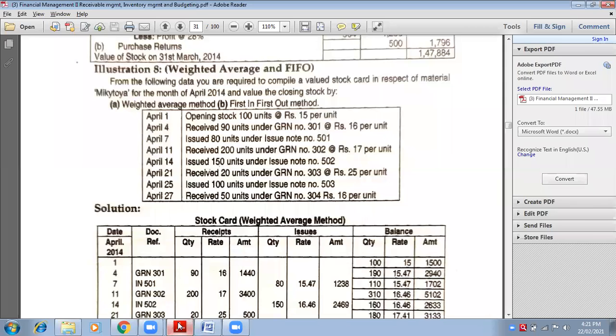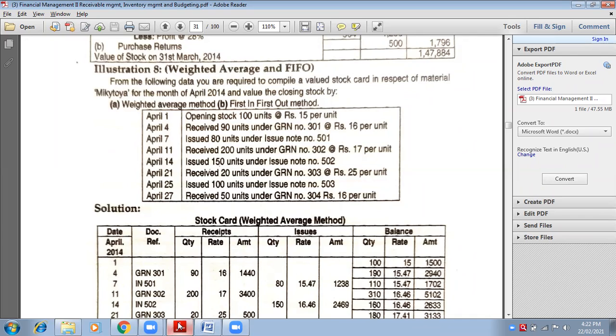2720. Now you need to add on the receipt, the units that we have purchased on the 21st. Add 20, just below 160 units in the balance column. We will write 20 units.